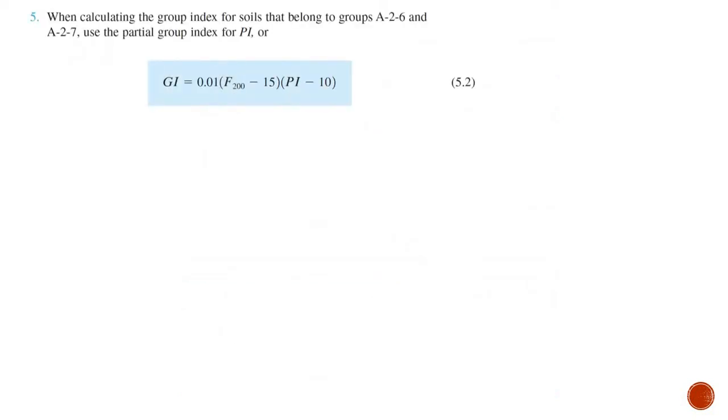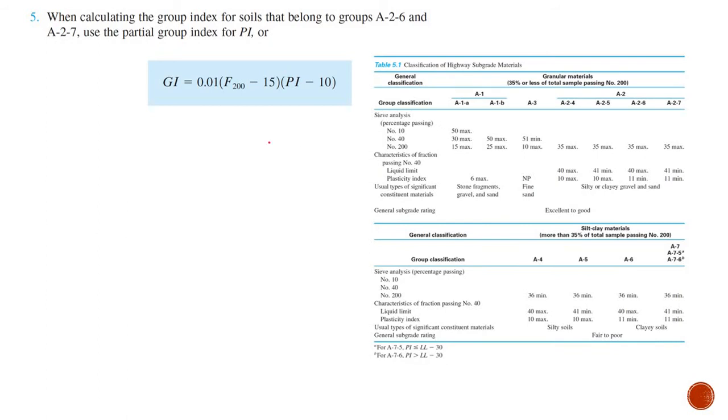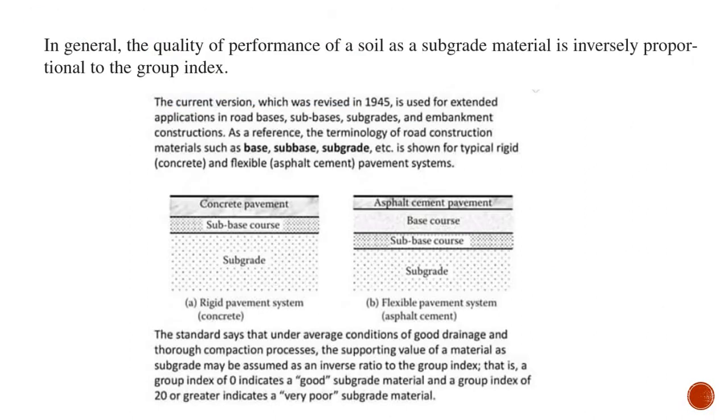Rule number 5, when calculating the group index for soils that belong to groups A-2-6 and A-2-7, use the partial group index for PI, or this one. So remember, the first equation is kind of lengthy, but for these groups, A-2-6 and A-2-7, we only use the partial group index.